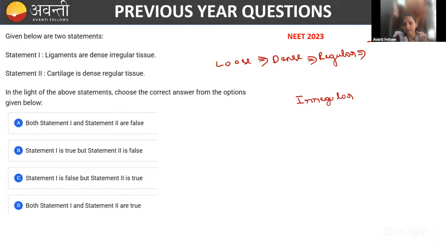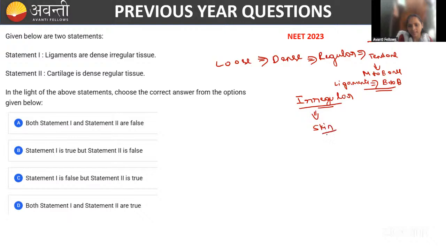Like this, regularly, those are arranged. Examples, tendons. Tendons connect the muscles to bones, right? And then we studied the ligaments. Ligaments will attach the bones to bones, right? Then irregular, we studied collagen fibers are irregularly arranged. The example is present in the skin.